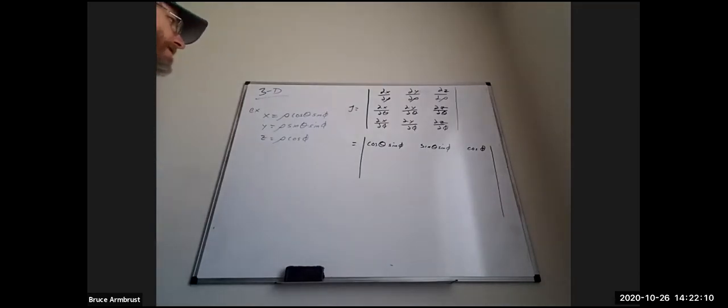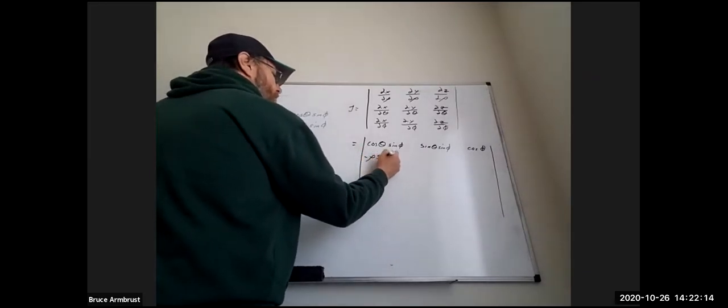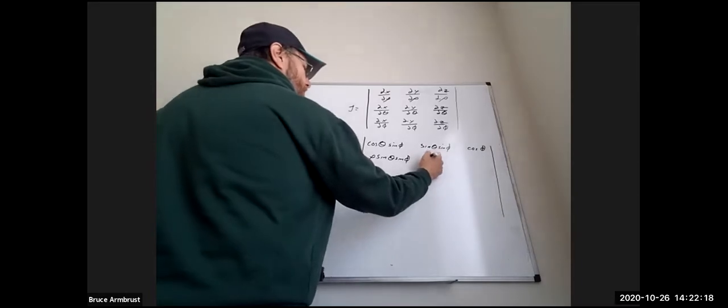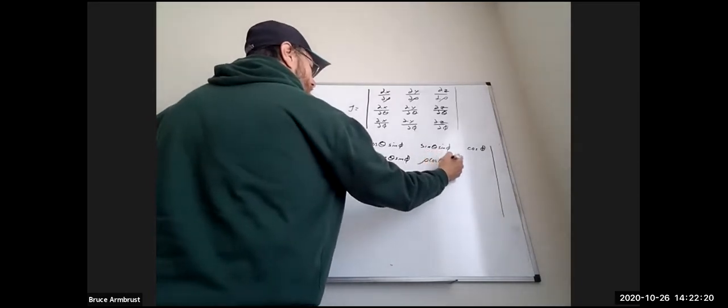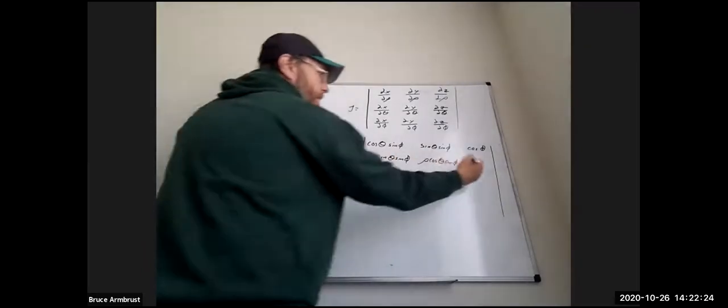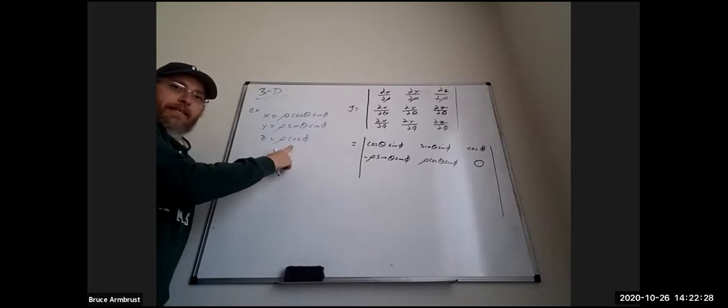All right, now let's go to thetas. We're going to get a minus rho sine theta sine phi, a plus rho cosine theta sine phi, and then a 0, because there are no thetas in z.